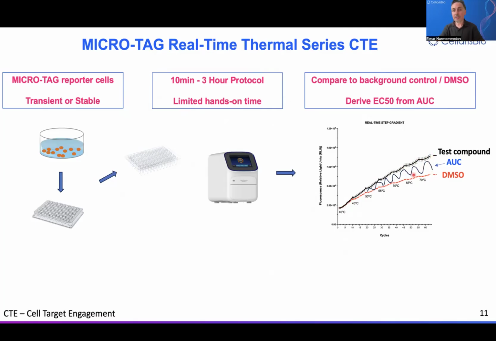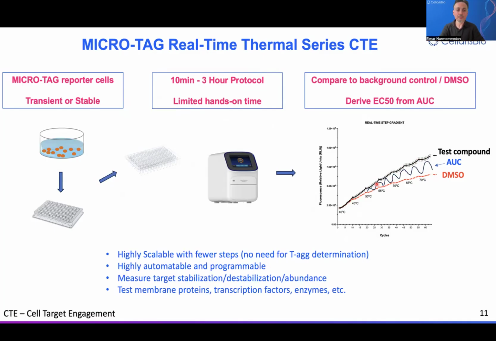And this area between the curve, area under the curve, is the magnitude of stabilization of your target by the ligand you're testing. And you can repeat this for every dose of that ligand to really extract the EC50 or the engagement potency of your ligand.